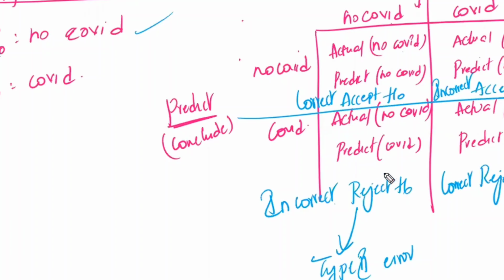Now, out of these two, is type 1 error more dangerous or type 2 error more dangerous? Which one? For example, the person actually has COVID, but you have predicted no COVID. Then what happens? This person will come outside and spread the disease. Now, actually the person does not have COVID, but you have predicted COVID.